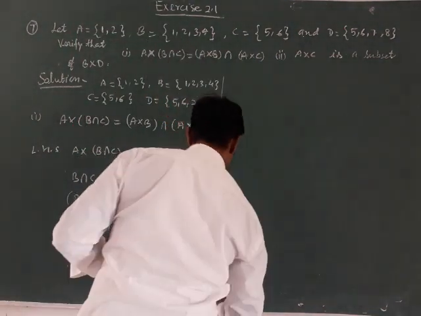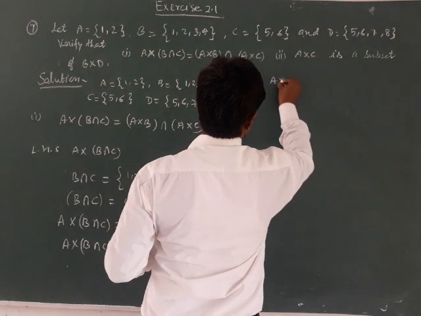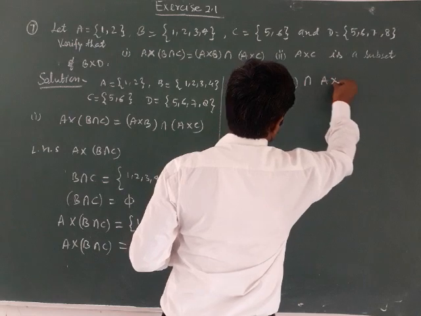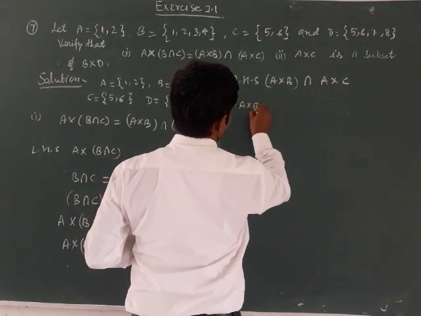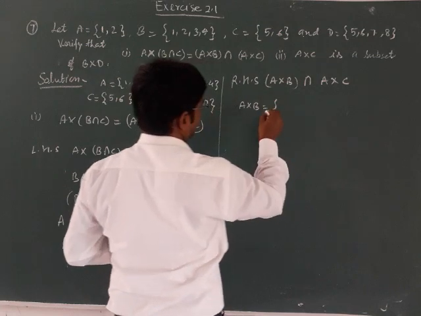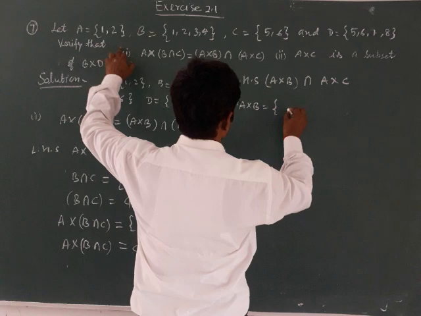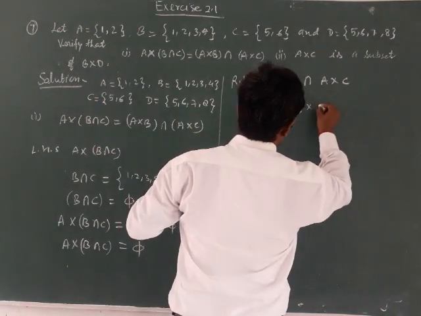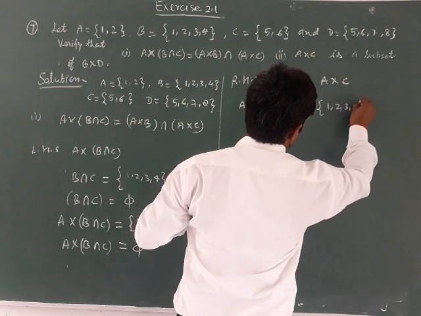And also taking RHS, (A cross B) intersection (A cross C). So now find A cross B, where A has elements 1, 2 and B has elements 1, 2, 3, 4.